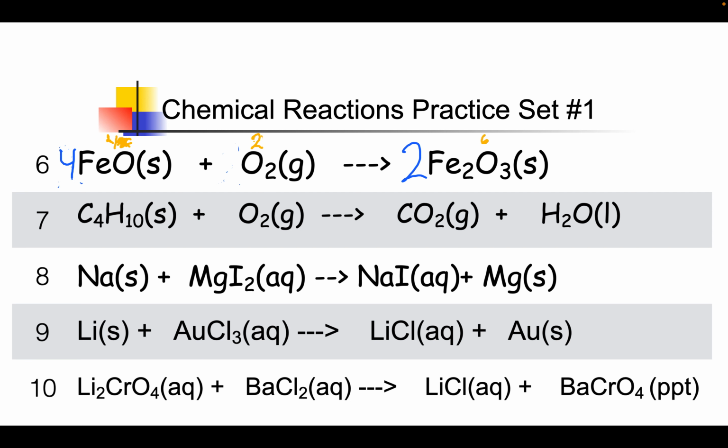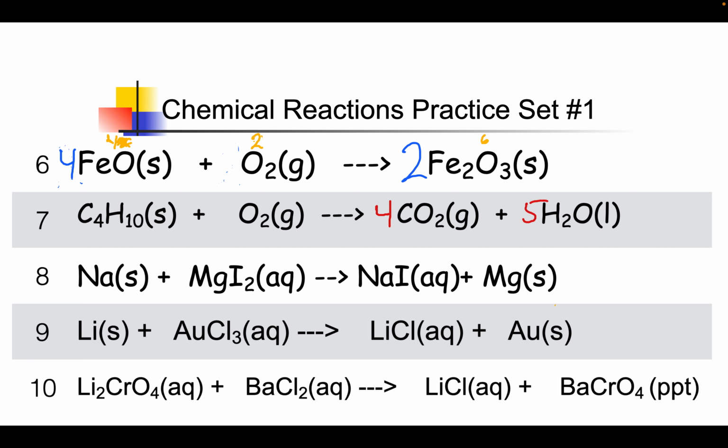Number 7, I have 4 carbons on the left, 1 carbon on the right. So let's make that 4. Got 4 and 4. I've got 10 H's and 2 H's. Let's make that 10. Actually, I'm going to write those numbers down.